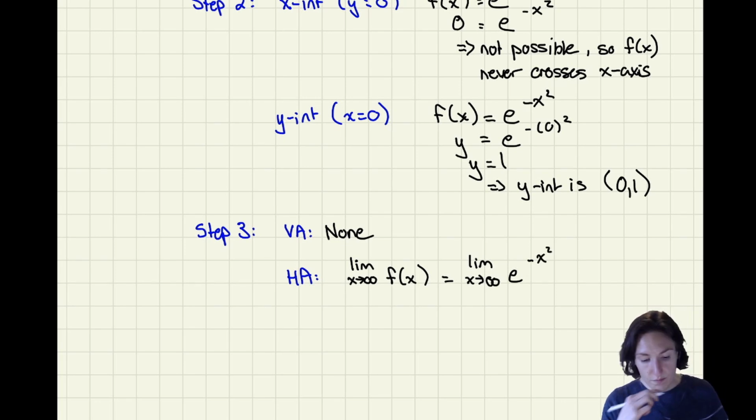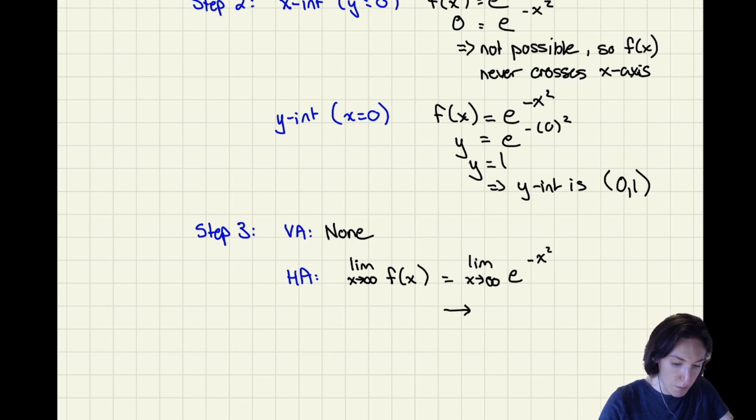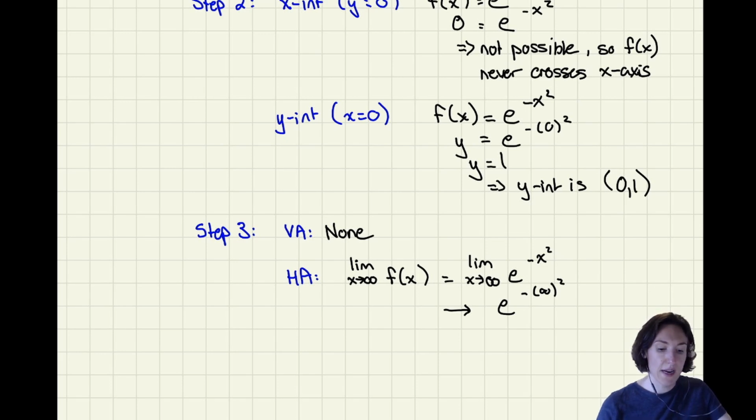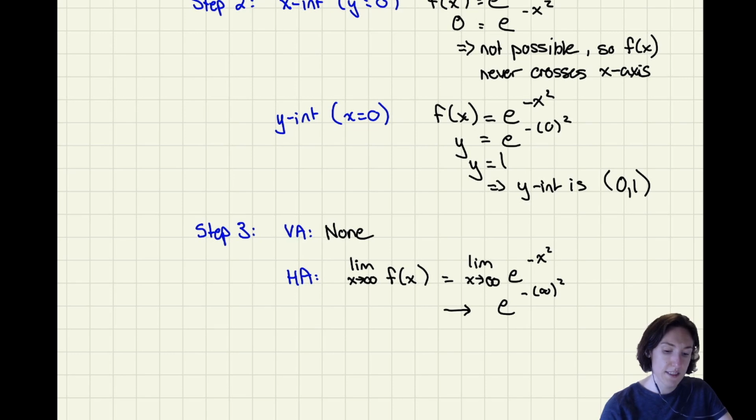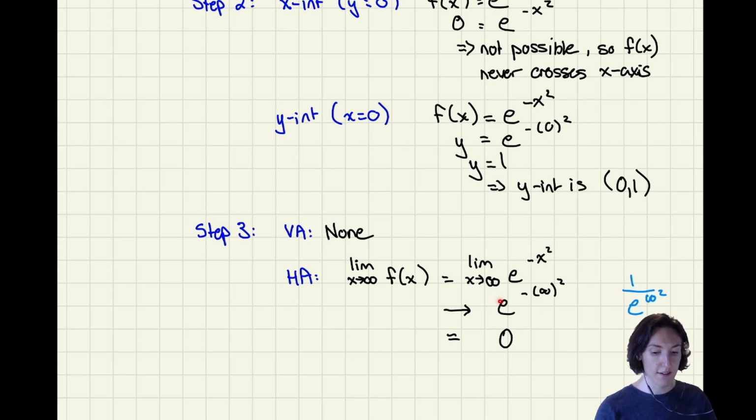This approaches e to the negative infinity squared, basically e to the negative super huge number. What does that approach? Remember, you can think about this like 1 over e to the infinity squared. That may help you see it faster. It goes to 0. But this is the intuition if you were to plug it in.